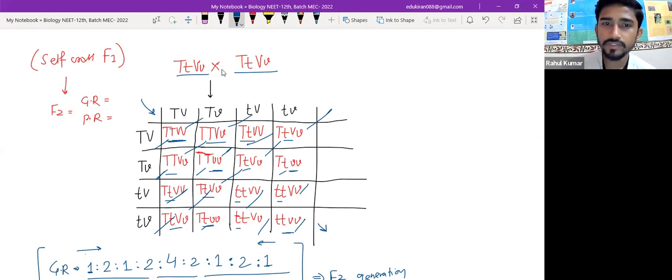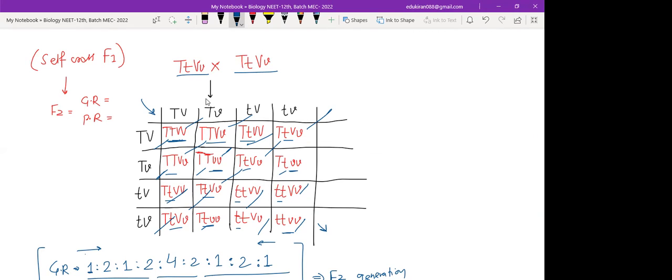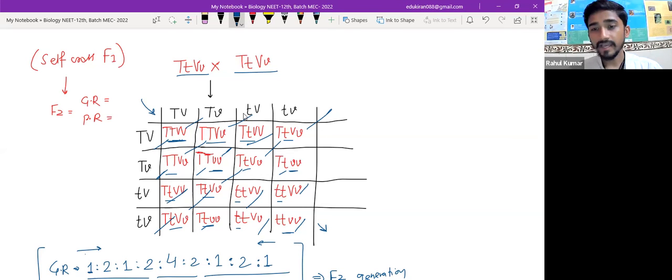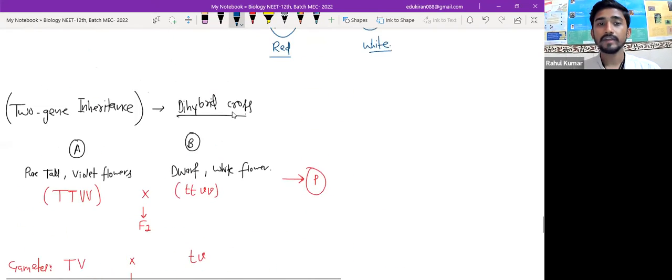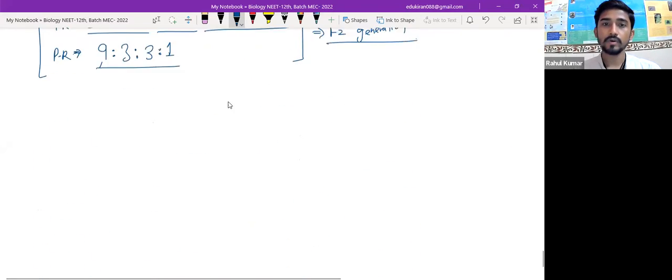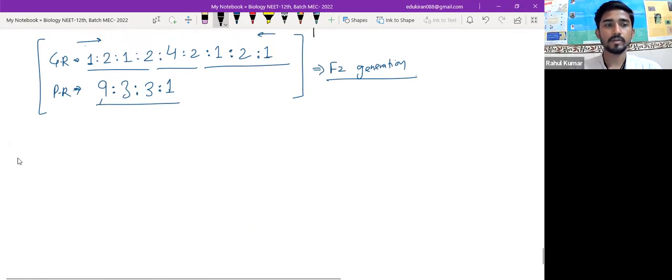If we talk about the genes, look here. Tall was in both the parents, and tall was present with violet only, right? Yes or no? So through the dihybrid cross, the law of independent assortment was given. Now write down the law of independent assortment.